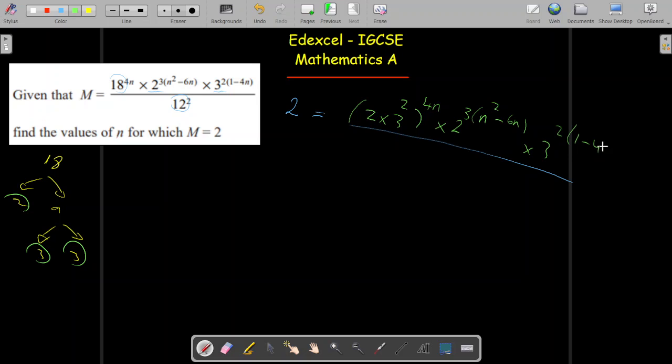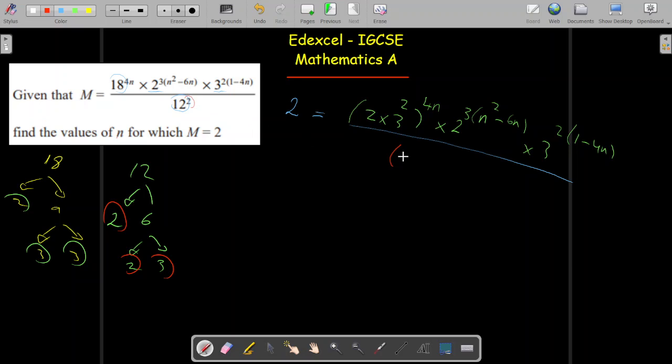1 minus 4n. The 12, the same thing that we did with the 18, we're going to make it as a product of its prime factors. So 12 is 2 by 2 by 3, and don't forget that it has the power of 2.